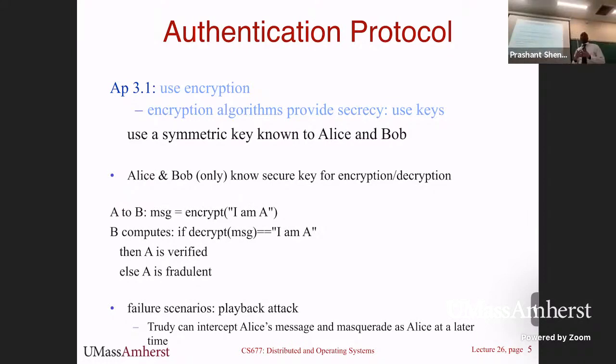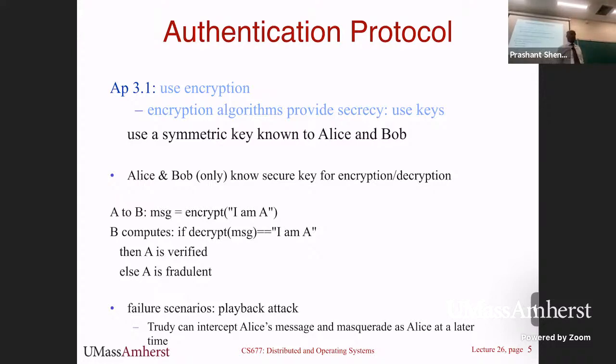So here we are still trying to solve the authentication problem. We'll assume that Alice and Bob are going to use encryption for authentication, and they have chosen a secure key beforehand that's going to be used for encryption and decryption. In this case, Alice is going to send Bob an encrypted message saying I'm Alice.